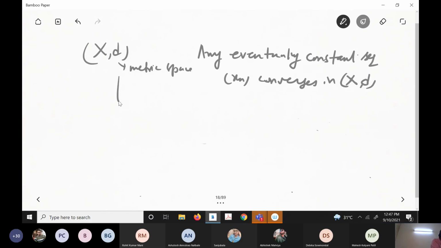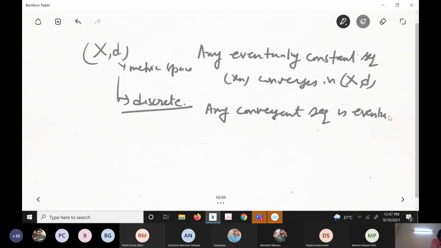But if d is discrete, then the converse is also true: any convergent sequence is eventually constant.